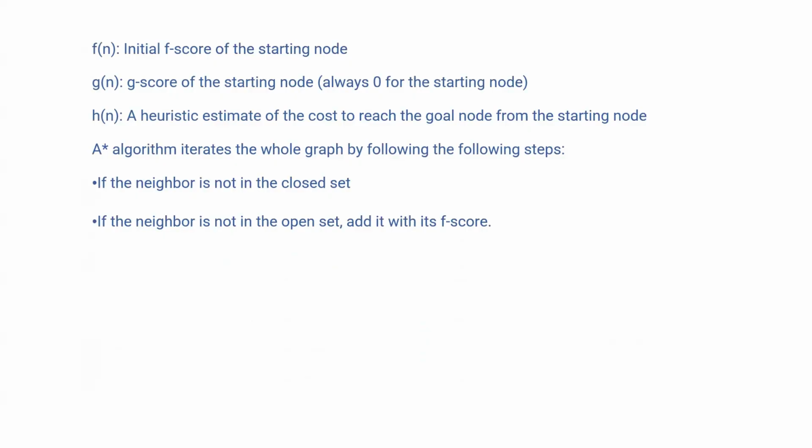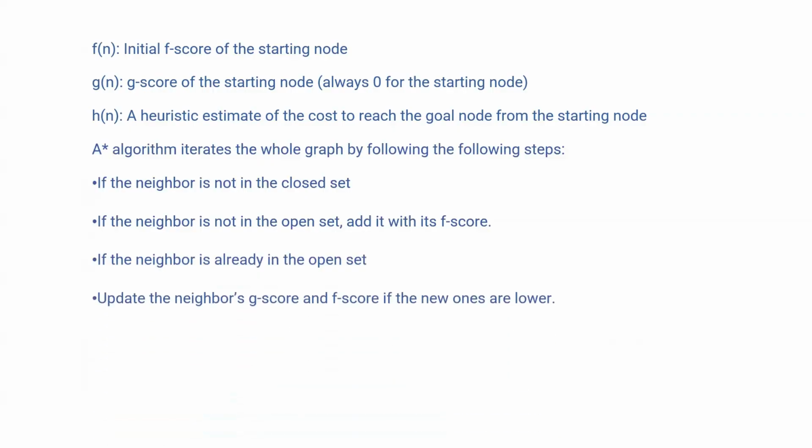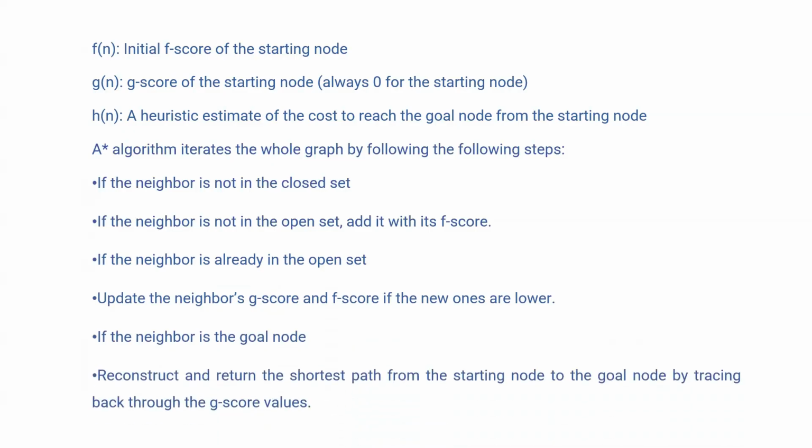If the neighbor is not in the open set, add it with its f score. If the neighbor is already in the open set, update the neighbor's g score and f score if the new ones are lower. If the neighbor is the goal node, reconstruct and return the shortest path from the starting node to the goal node by backtracking.